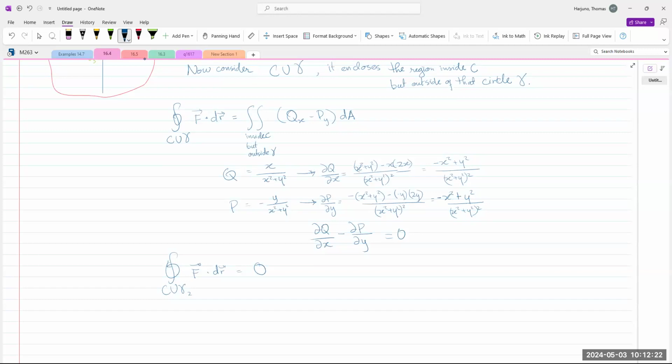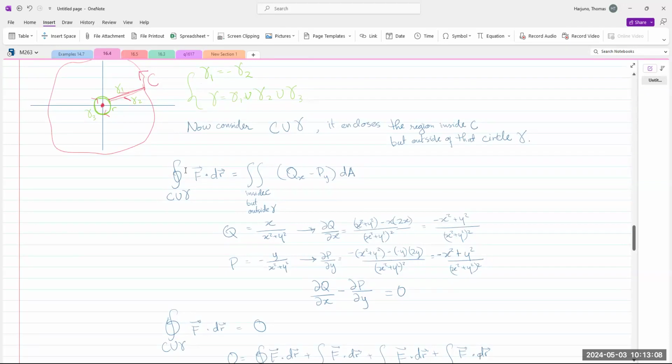Okay, but at the same time though, integral over closed curve C union gamma is integral over closed curve C f dot dr plus integral over gamma 1 of f dot dr plus integral over gamma 2 of f dot dr plus integral over gamma 3 of f dot dr. Compare that with the graph here.